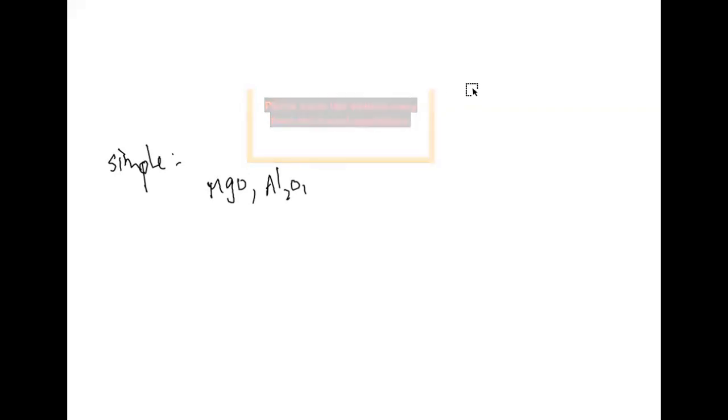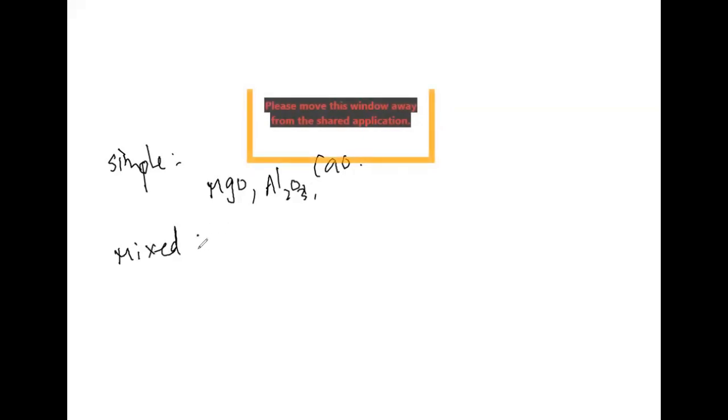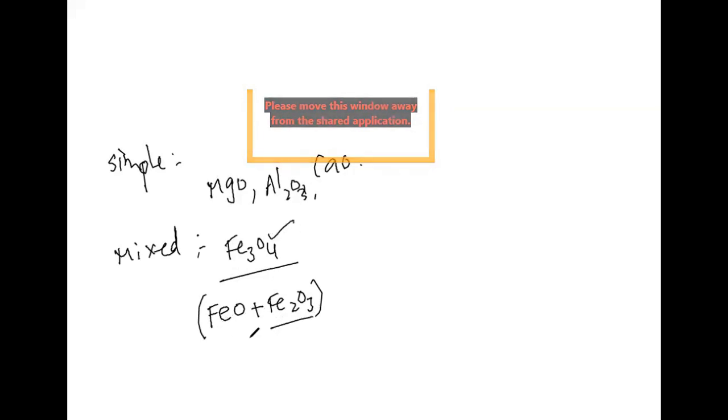If you take mixed oxides, for that we can take Fe3O4. What is the meaning of Fe3O4? It is a combination of FeO plus Fe2O3, which gives Fe3O4.